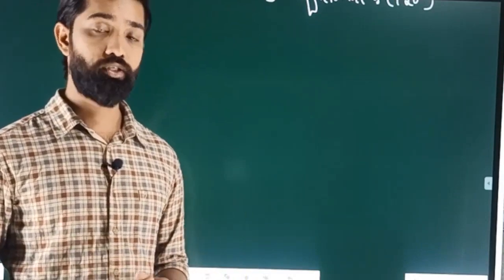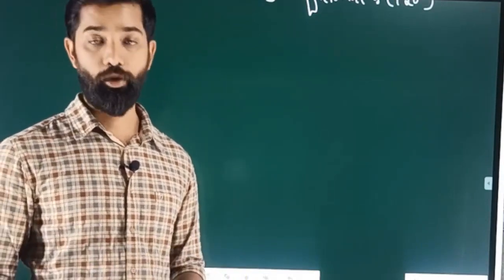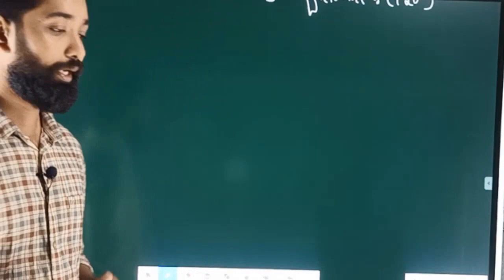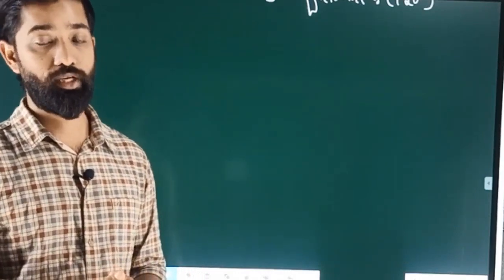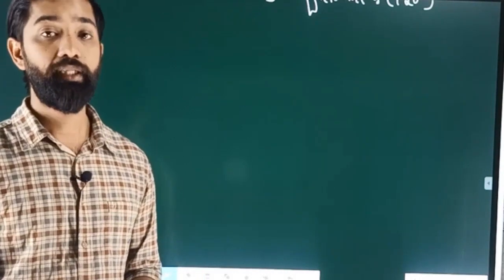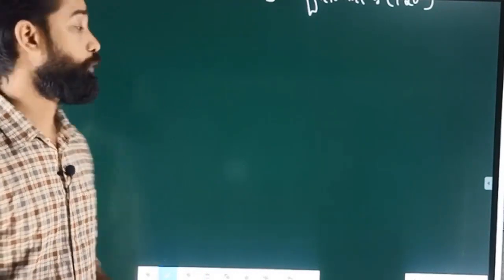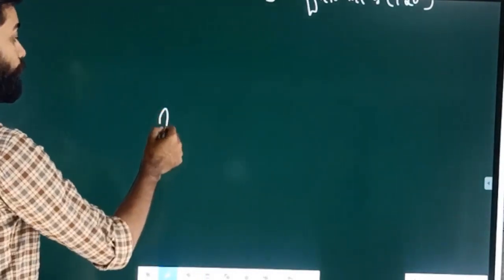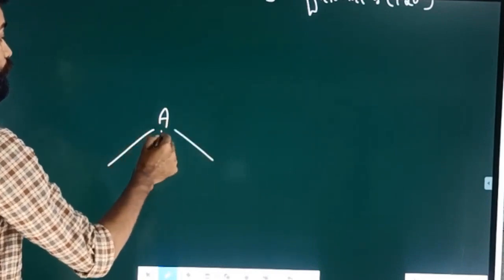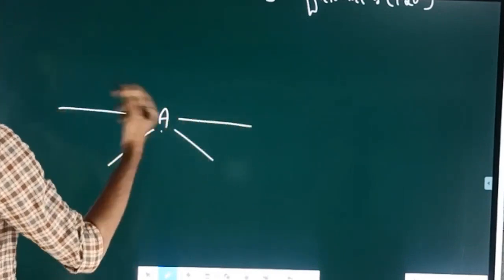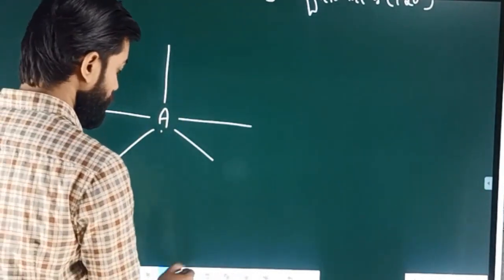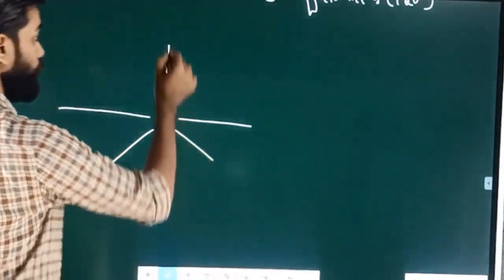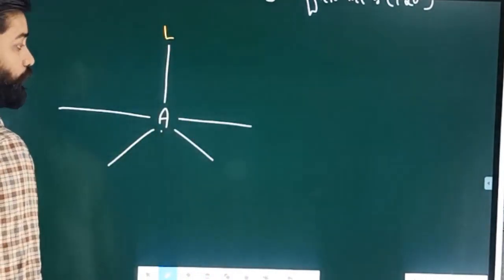So first you should know a concept. If lone pairs are introduced in trigonal bipyramidal geometry, then they occupy equatorial positions.